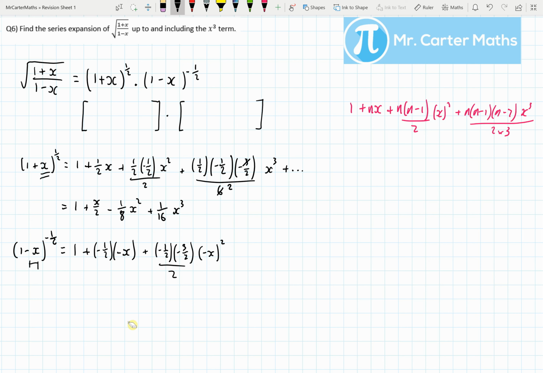Recognize the use of a bracket there to minimize that mistake. My cube term plus a half minus 1, a half minus 2, divided by 2 times 3 x cubed.